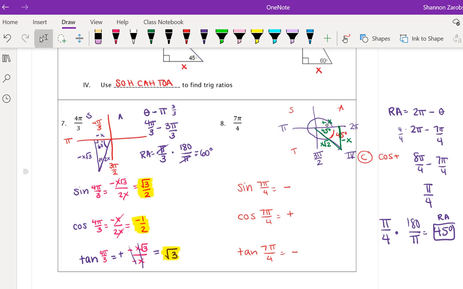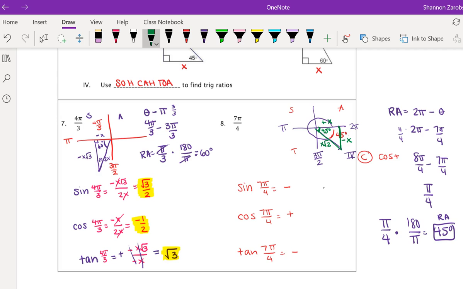Okay, so if I take the sine of the reference angle, so coming back to the origin, opposite over adjacent is negative x over x, which is negative 1. No, I'm sorry, I did tangent. Rewind.